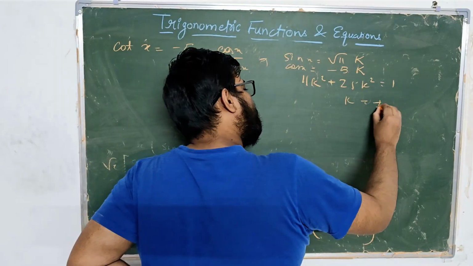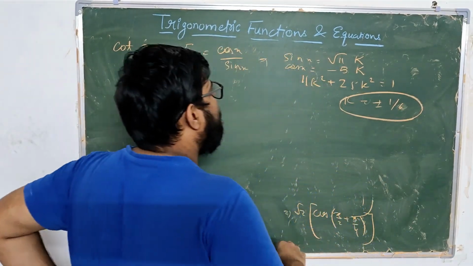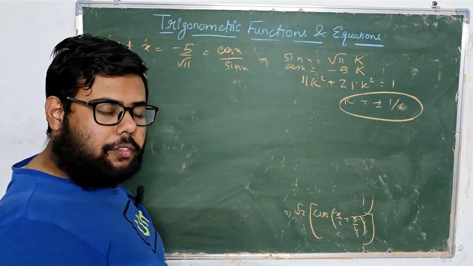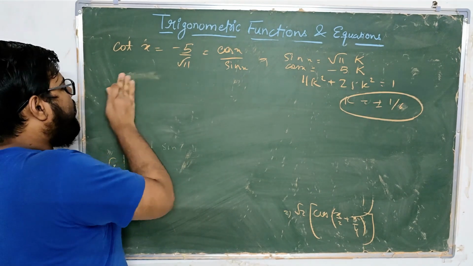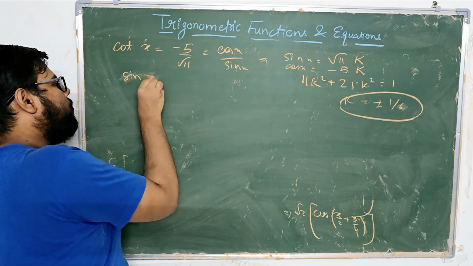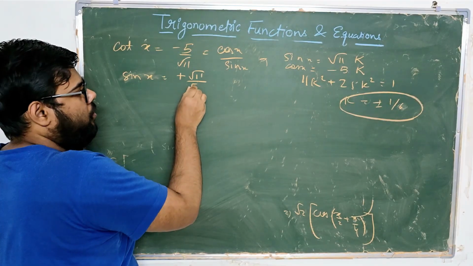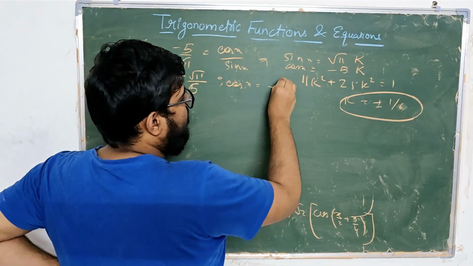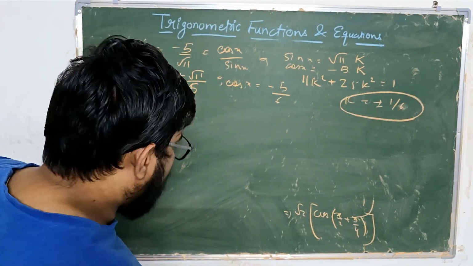So k turns out to be plus minus 1 by 6, but it doesn't matter. For sin x, in the range from pi by 2 to pi, sin x is always positive, right? So sin x is positive root 11 by 6 and cos x is negative 5 by 6, okay? These are the values.